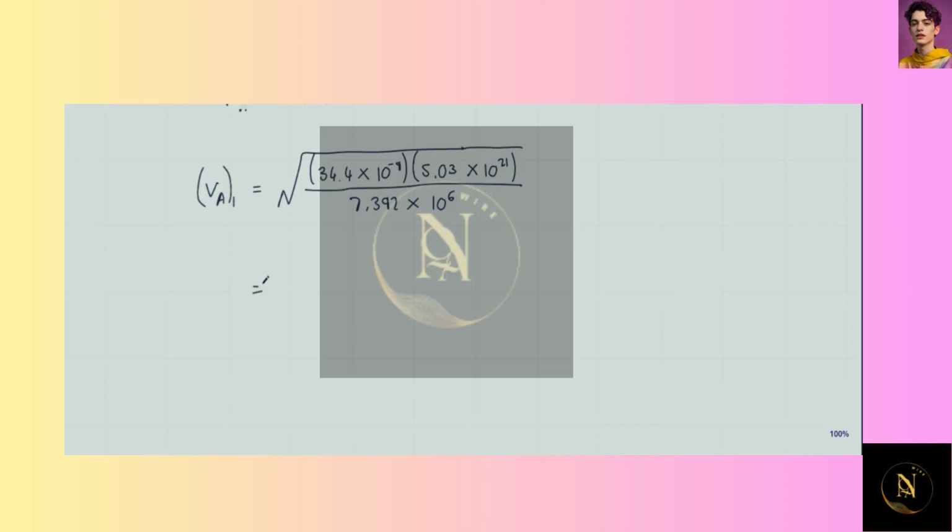And so the speed of the circular orbit A is 4.8382 times 10 to the power 3, and that's feet per second.